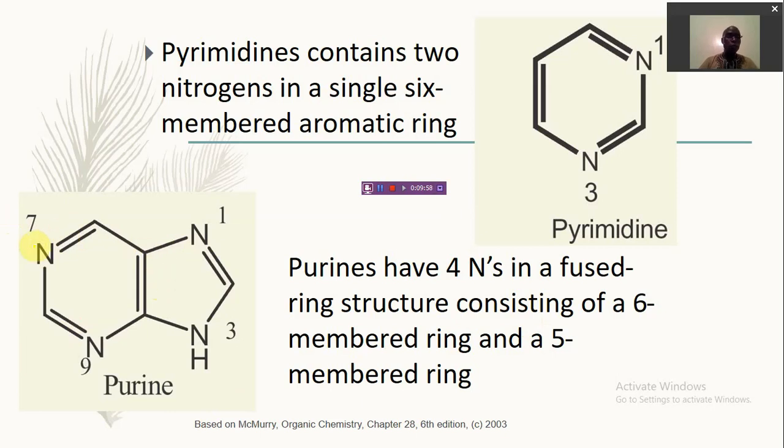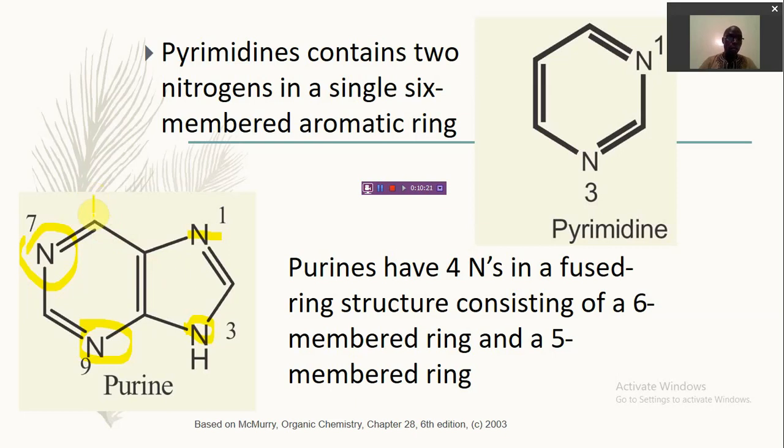So we have 1 nitrogen, 2 nitrogens, 3 nitrogens, and 4 nitrogens within the ring structure. Now these 2 rings consist of one ring which has 6 atoms.